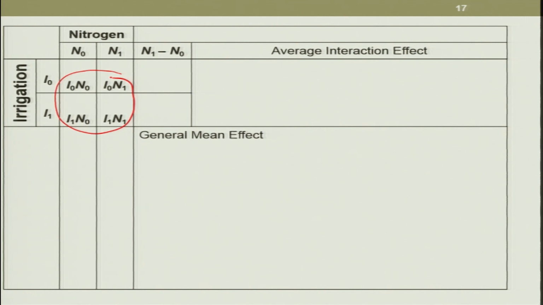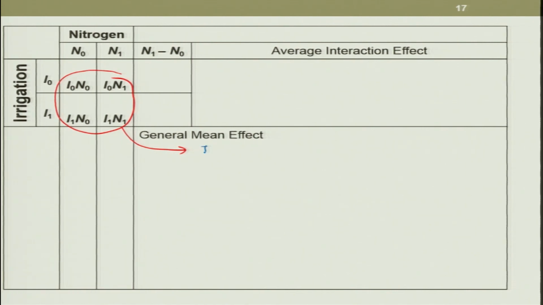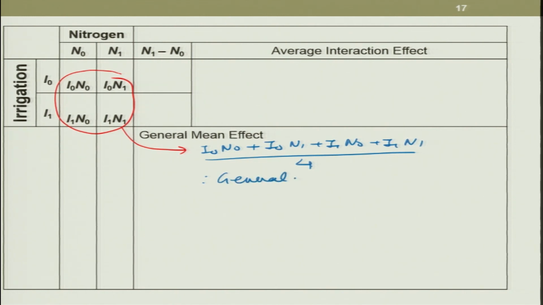Now, if you take the average of all the 4 observations here, I0 N0 plus I0 N1 plus I1 N0 plus I1 N1 divided by 4, what is this giving us? This is giving us the general mean effect.